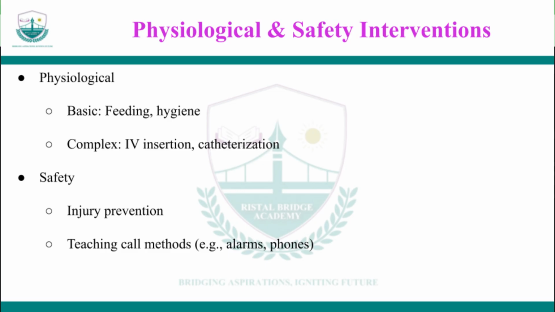In some hospitals they can use alarms, but in others they can use maybe phone calls or things like that. Those are some of the ways that can be taught to the patient.